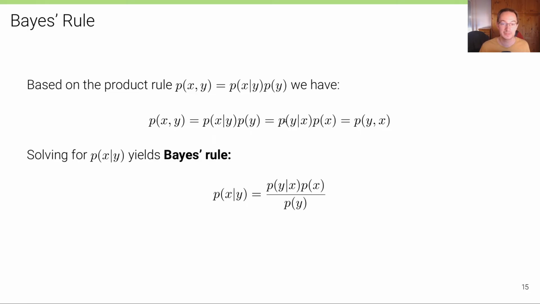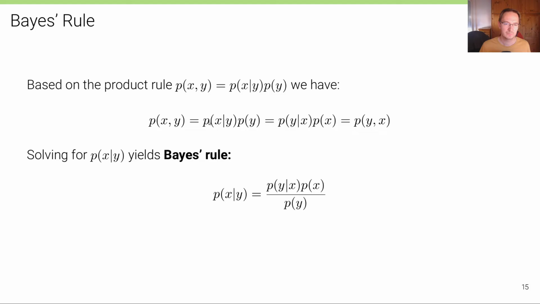But this means that we can write this product also in terms of p of y given x, the conditional distribution of y given x. Note that here we have x given y, here we have y given x, times p of x.